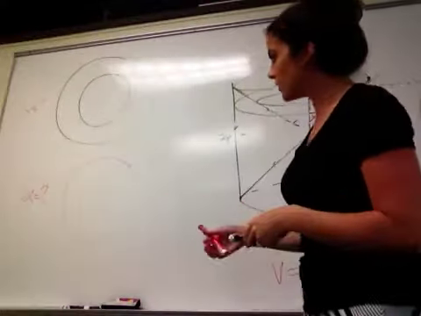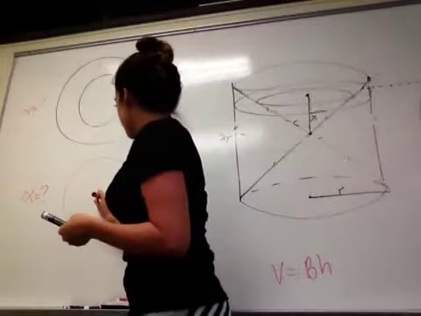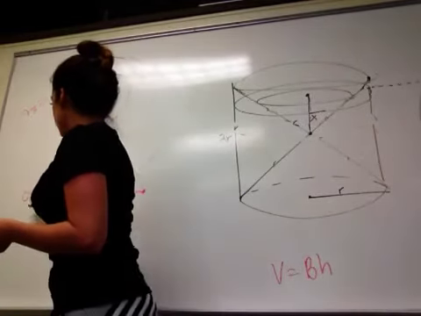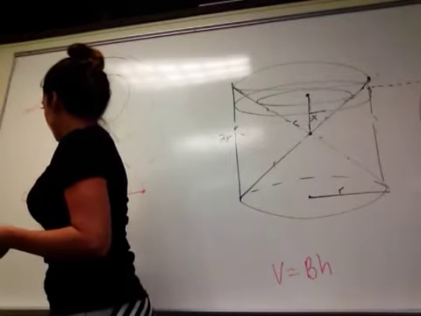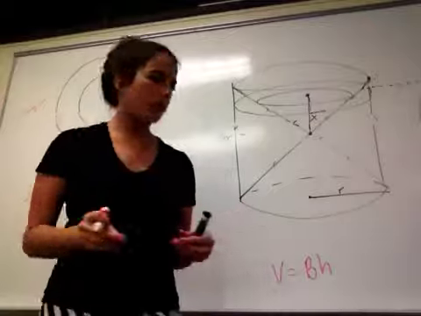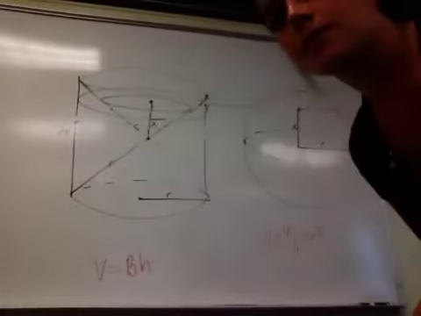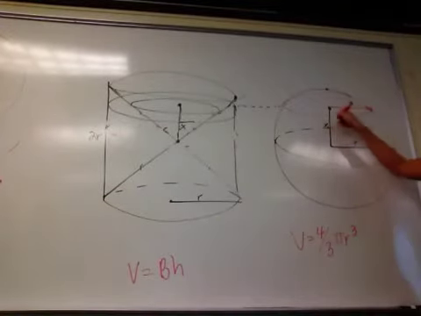Well, we know the area of a circle is going to be pi r squared. Well, what's the radius of the circle? We've got to figure that out, right? The area is going to equal pi r squared, but we don't know what the radius is. And we're already using r, so is it r? Well, we talked about that, right? It's not r. Because over here, when we're looking, this is r. So what's this little piece?